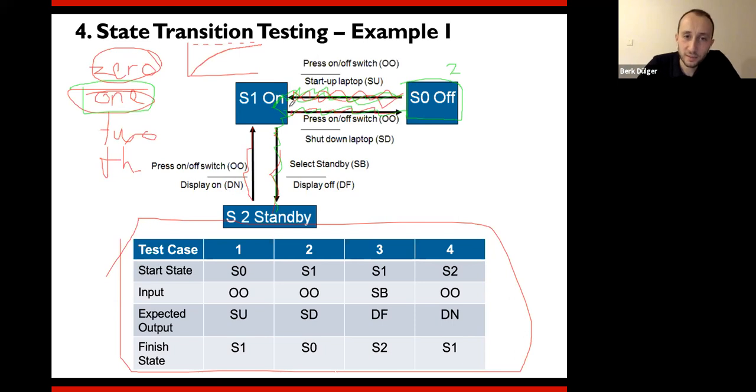For on state, it is the same. I can come here and return back. Also, I can come here and return back. There are two different ways, and it's the same for standby: go, come back, go, and pass through off state.